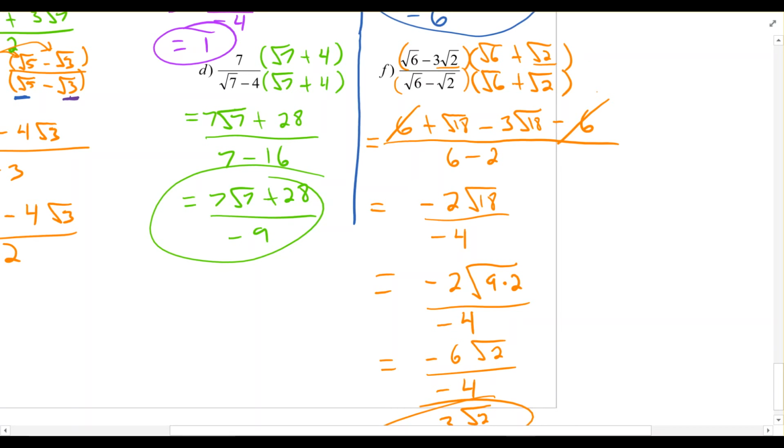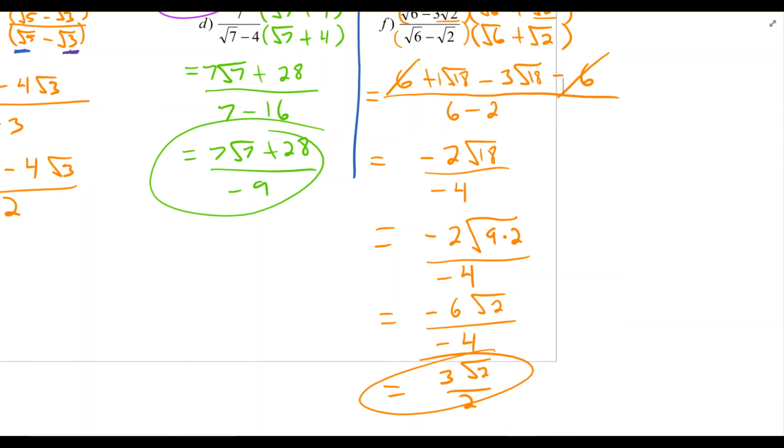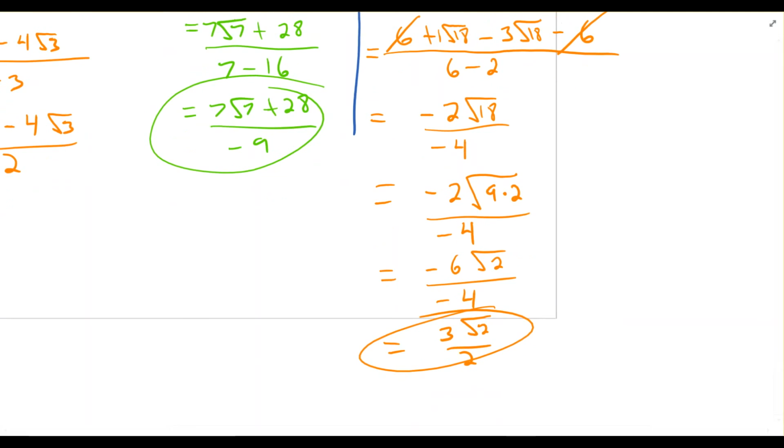And then what I did is I had 1 times square root 18 minus 3 times square root 18. I combined those like terms to be negative 2 square root 18. Then you could have simplified this 2 and 4 at this point too if you wanted to. But what I did instead was I split this 18 up into 9 times 2.